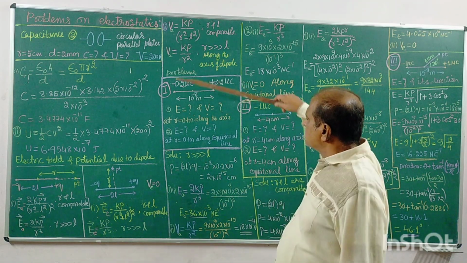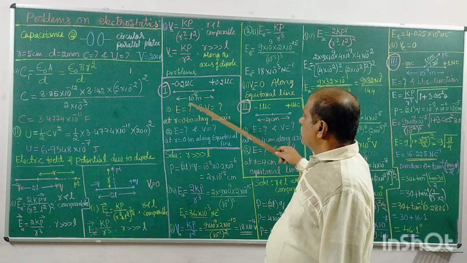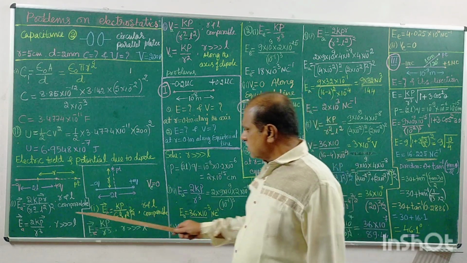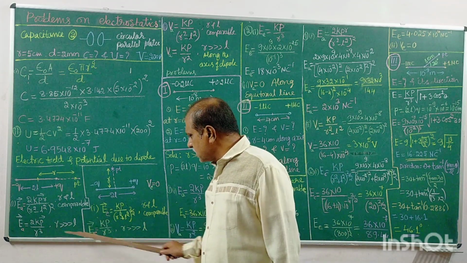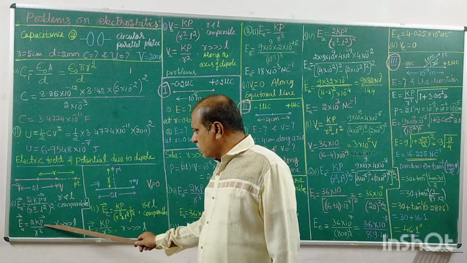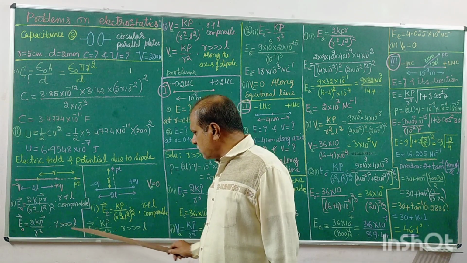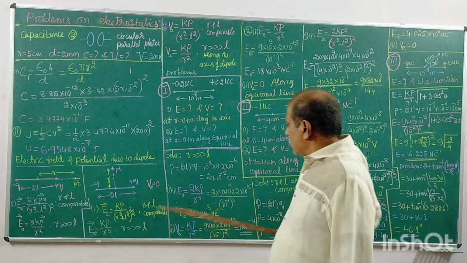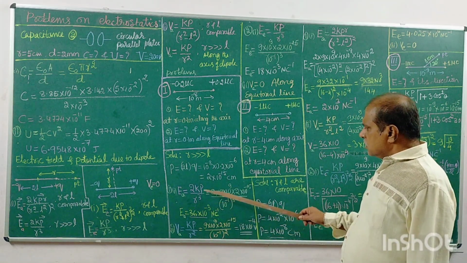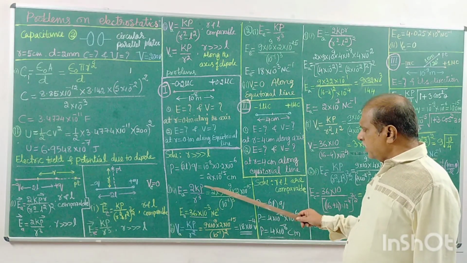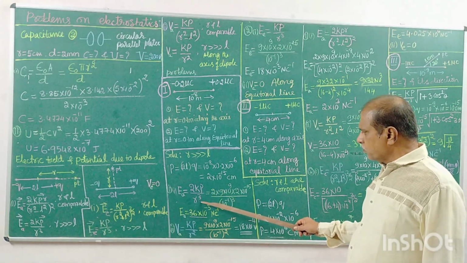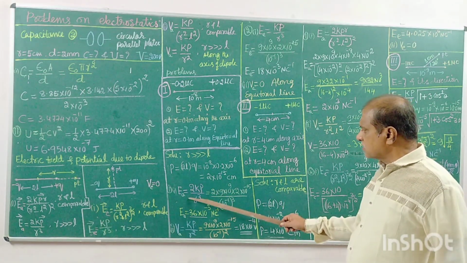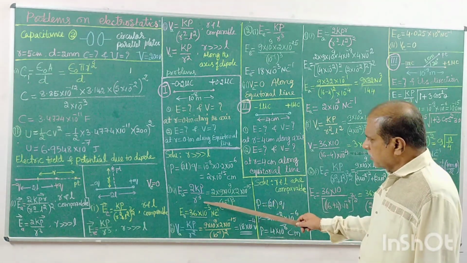Then for this set of problems, you have to select the equation for the point along the axis and the equation along the equatorial line. Select this equation, 2kp by r cube, for the point along the axis.